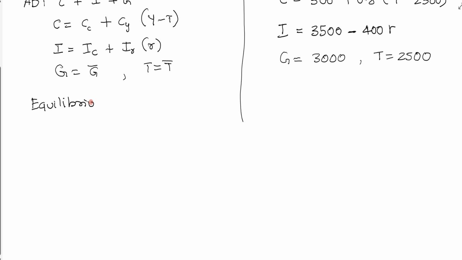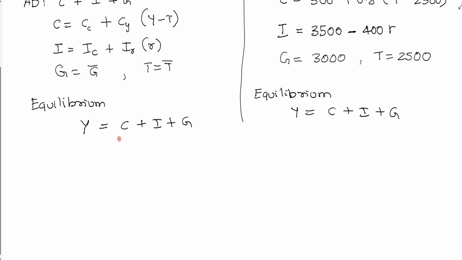In equilibrium, we know that the total aggregate supply is going to be equal to aggregate demand, which is made up of three components, C, I, and G. We need the equilibrium condition to satisfy that the aggregate supply equals the aggregate demand, which is C plus I plus G.